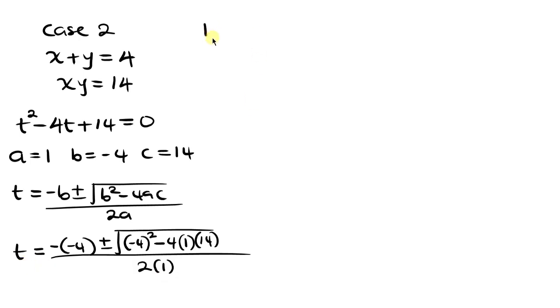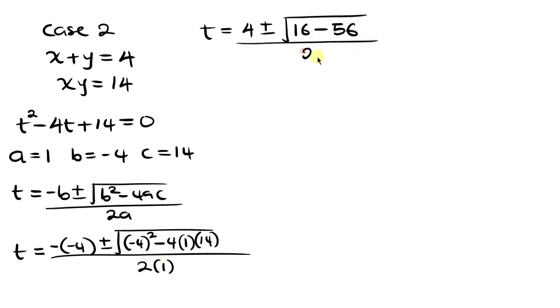So t now becomes negative times negative makes positive, so that becomes 4 plus or minus the square root of -4 squared is 16 minus 4 times 1 times 14 is 56, all over 2 times 1 is 2.